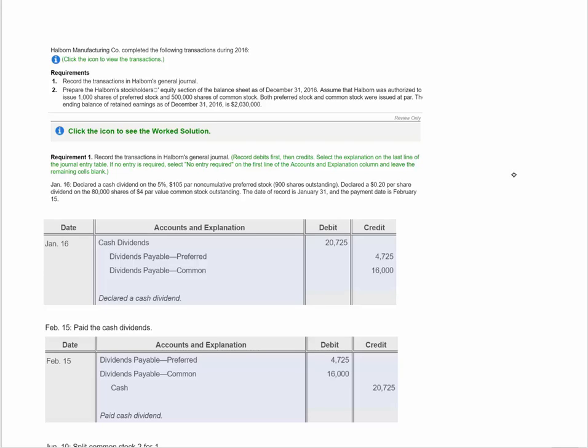The only way I can do it is to keep track as I go of what's going on in each of these accounts. We've got some stuff at the beginning of the problem, and then in the first problem they give us some more information.